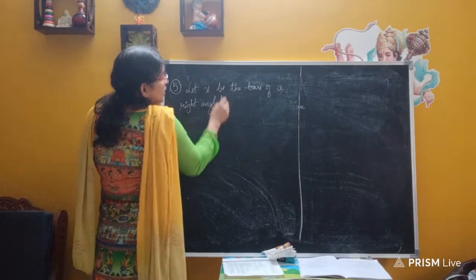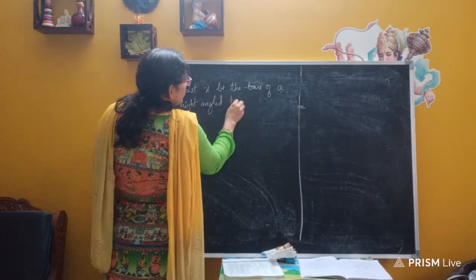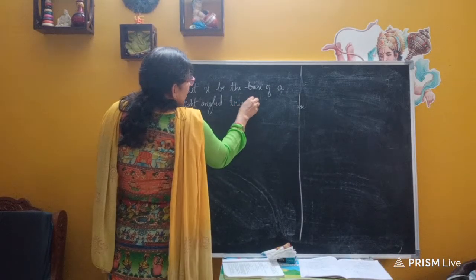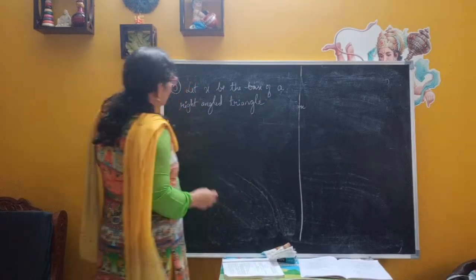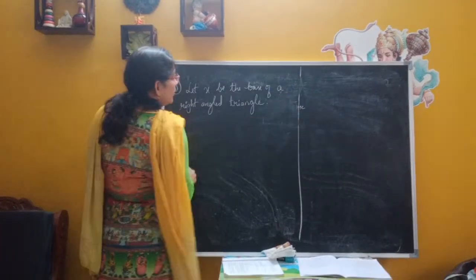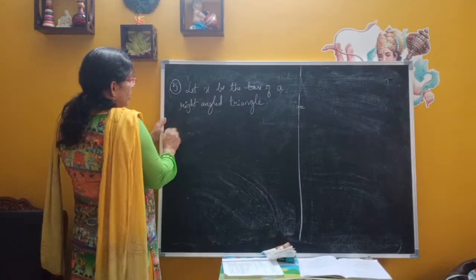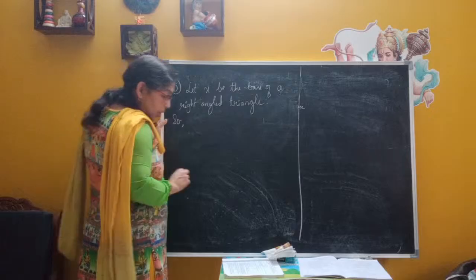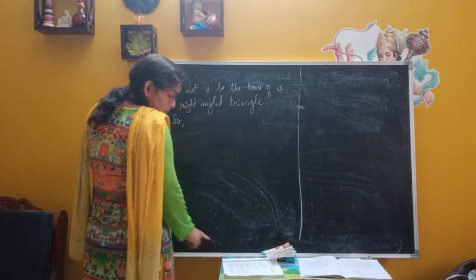We should mention it is a right angle triangle because we are using Pythagoras theorem. It can be used only for a right angle triangle. Base of the triangle is x centimeter. So height or altitude will be how much?